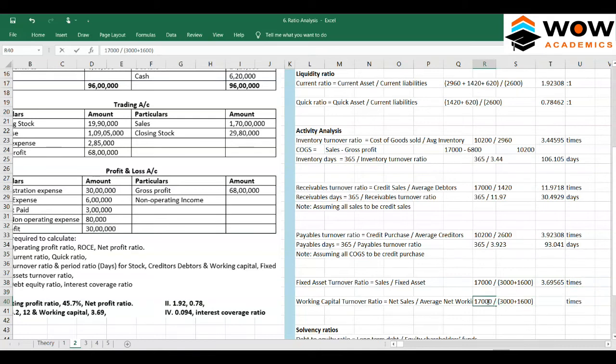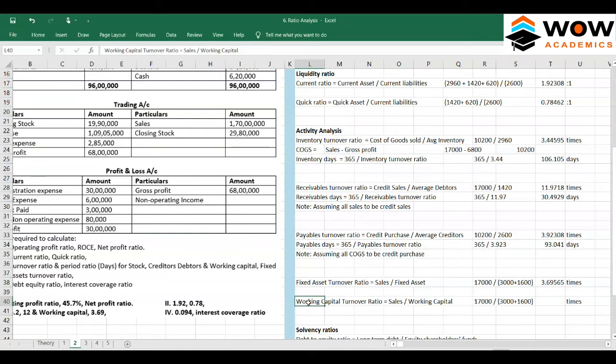The next one is also working capital turnover ratio. So we can't say it is average, sorry, it is net only.